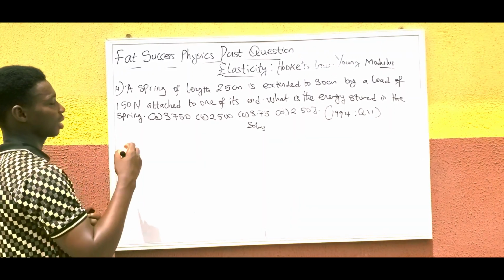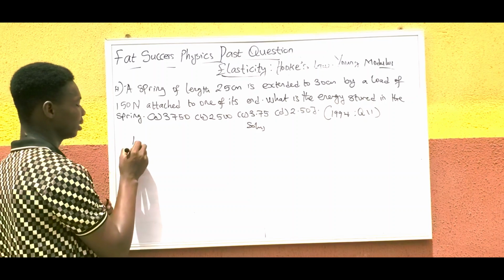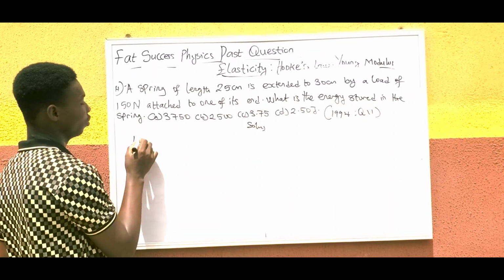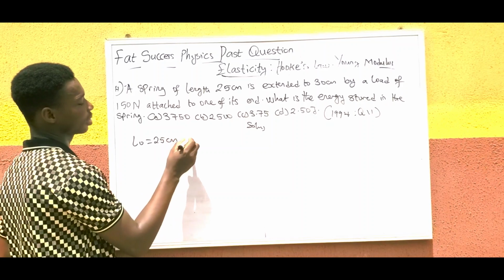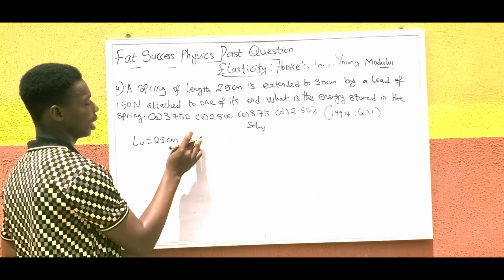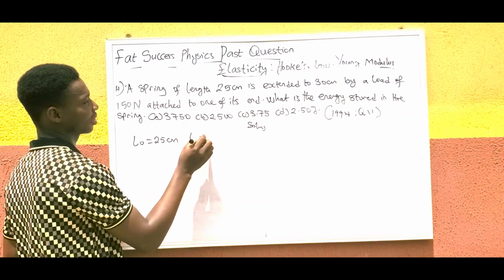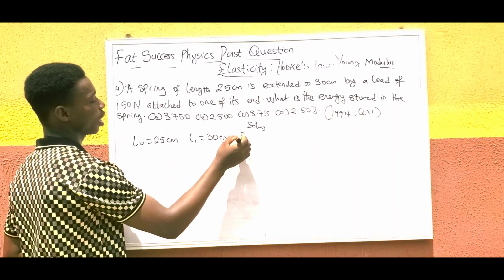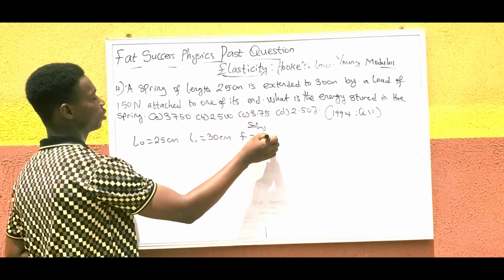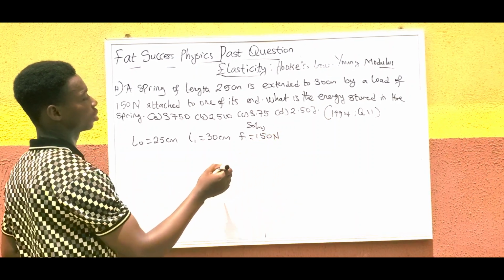So write out the parameters from this question. Original length L0 is equal to 25 centimeter. We have L1 given as 30 centimeter. We have load F giving us 150 Newton.